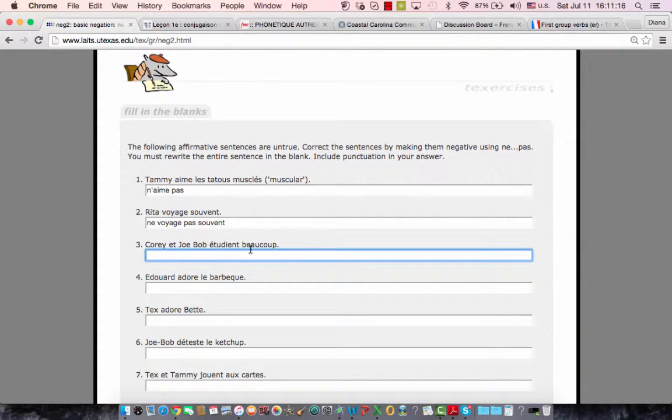Curry et Joe Bob étudient beaucoup. Curry and Joe Bob study a lot. And we're going to have to say Curry and Joe Bob don't study a lot. Okay, l'apostrophe. I'm just going to copy this one. N'étudient pas beaucoup.